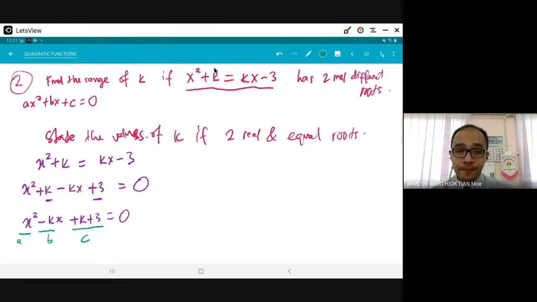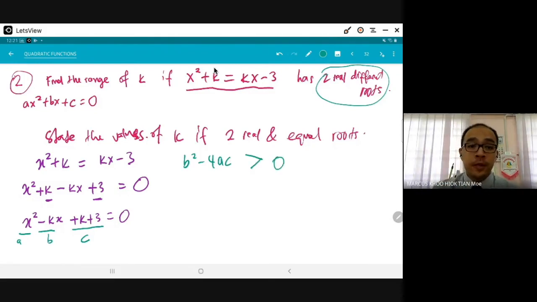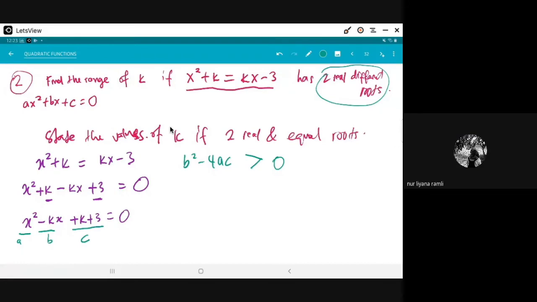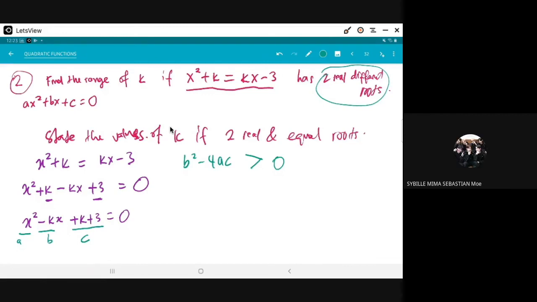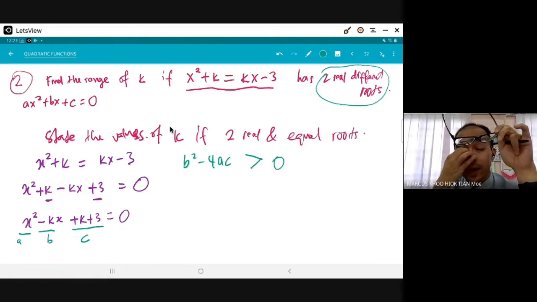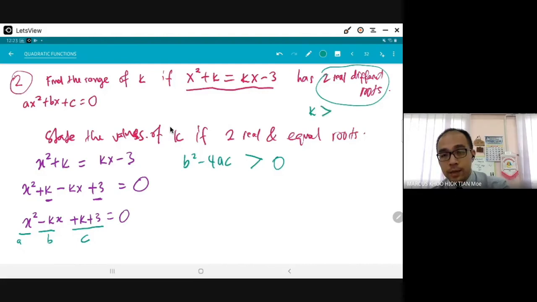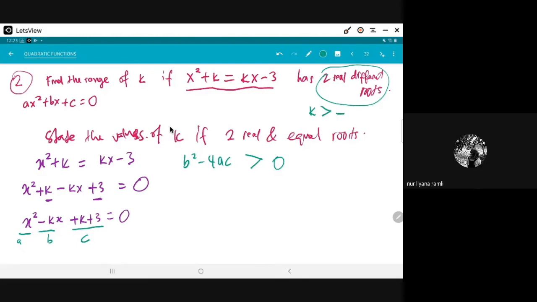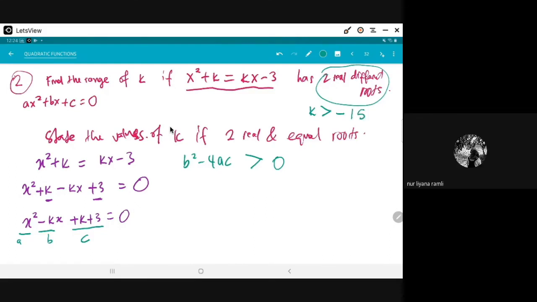So two real and different roots is b squared minus 4ac more than 0. Okay. I got negative. Negative? Negative. More or less? Negative, less. k more than? Negative how much? Negative 15. Yes. Okay.